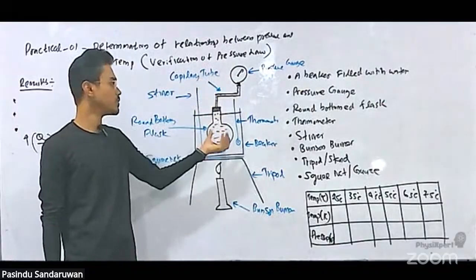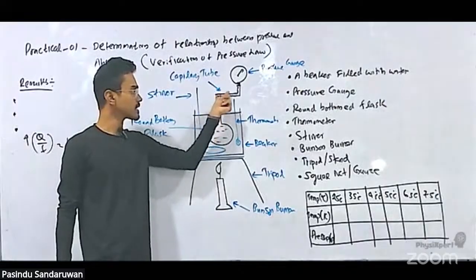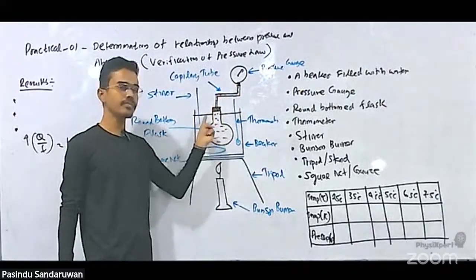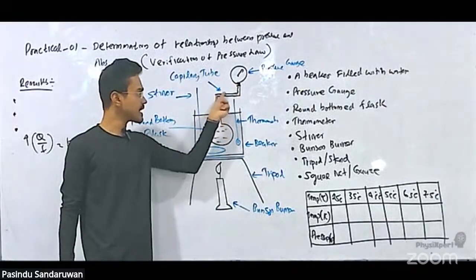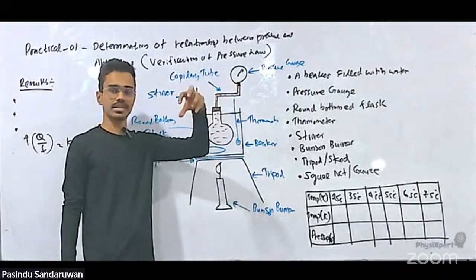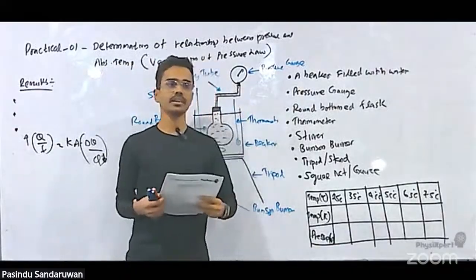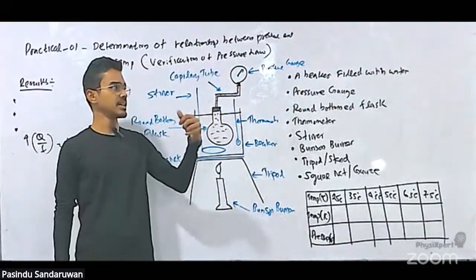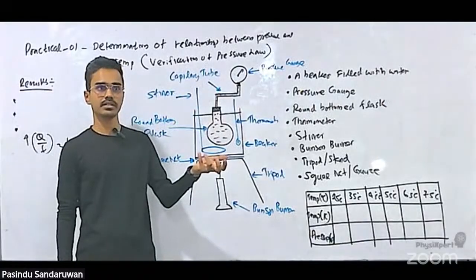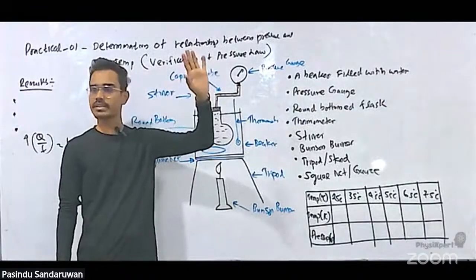Right? So therefore we are using a larger flask with a capillary tube. With respect to the volume of gas here, if this is a negligible volume inside the capillary, it can be neglected, no? If that percentage error is less than 1%, we can neglect it.